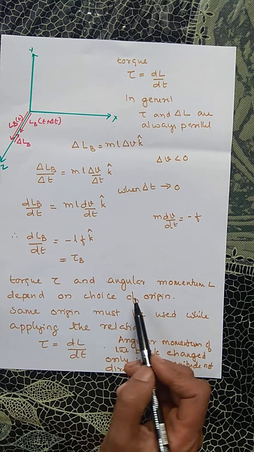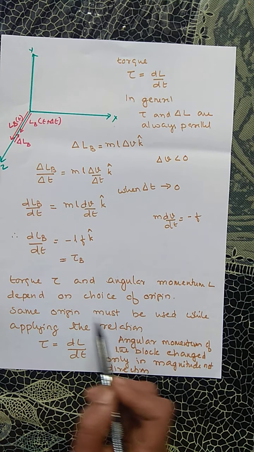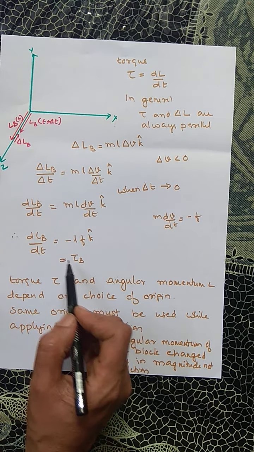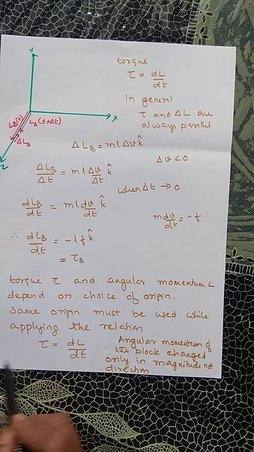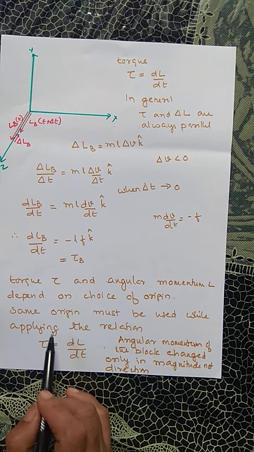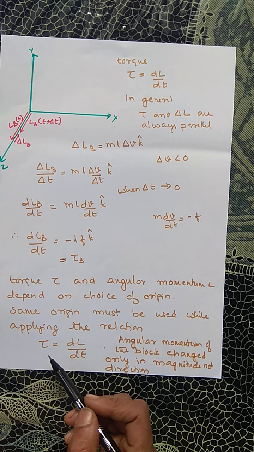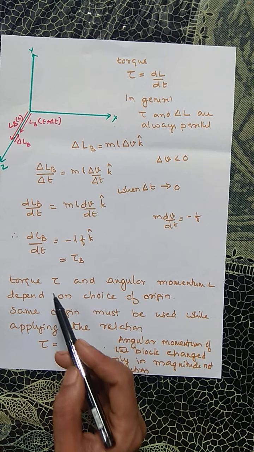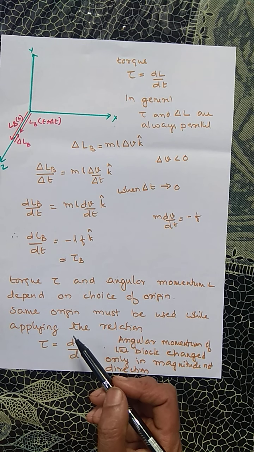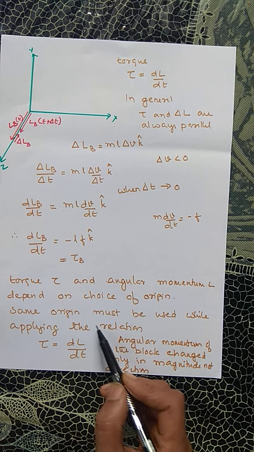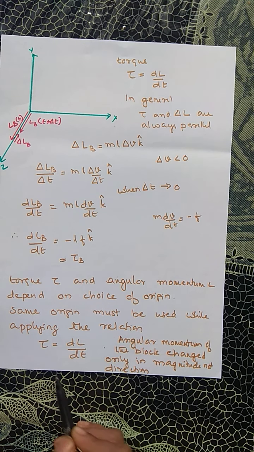The torque and angular momentum depend on the choice of origin. As we discussed in the previous class, when the origin changes, the quantity also changes. So when you are discussing angular momentum and torque, you have to discuss them about the same origin to apply this relation.